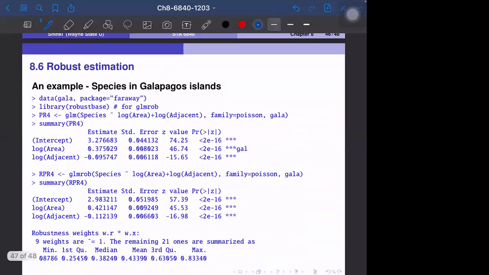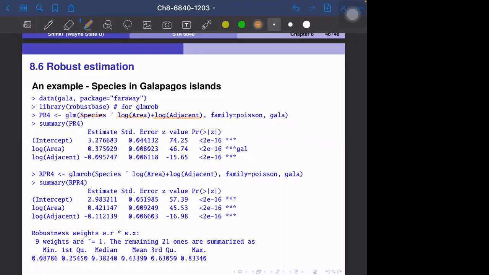We don't discuss the detailed algorithms, but we have just one example. Remember the Galapagos Islands data. We have the number of species in each of the islands and also some other predictors. And we fit the number of species on the log of area and the log of area of the adjacent island.